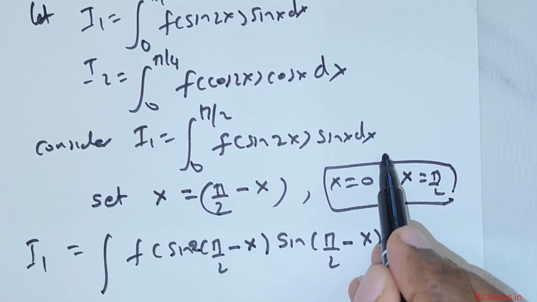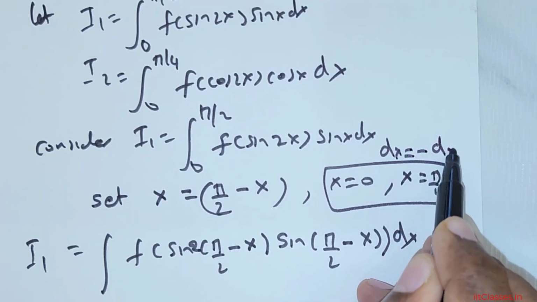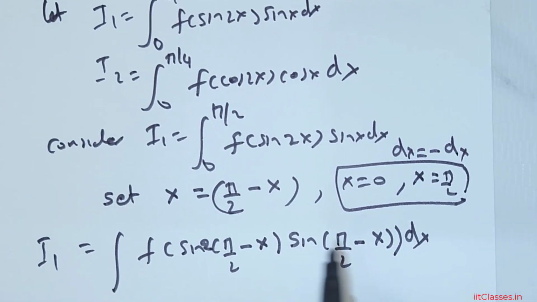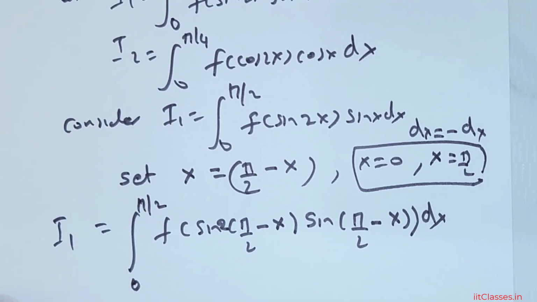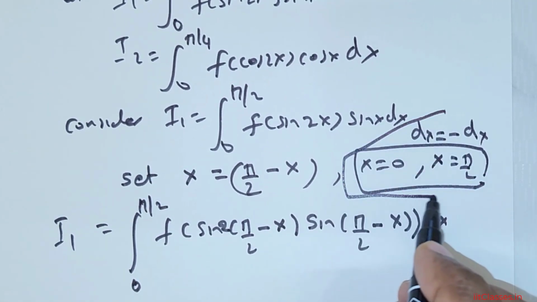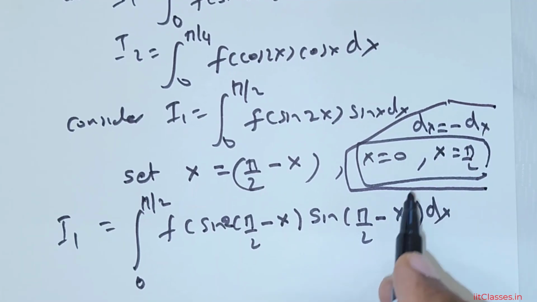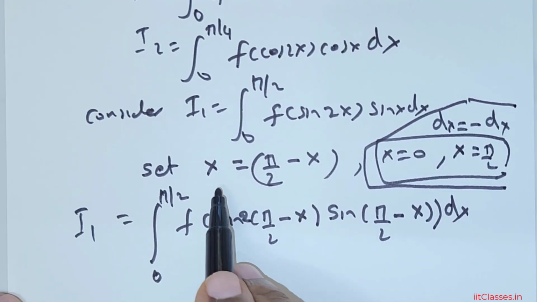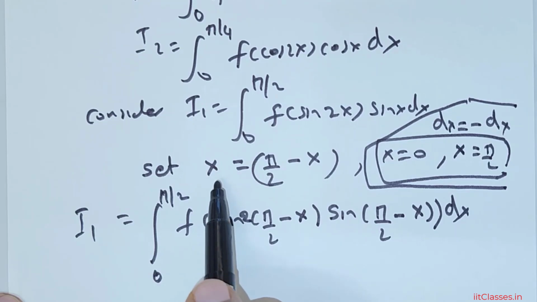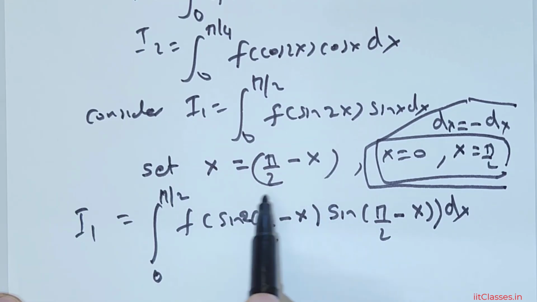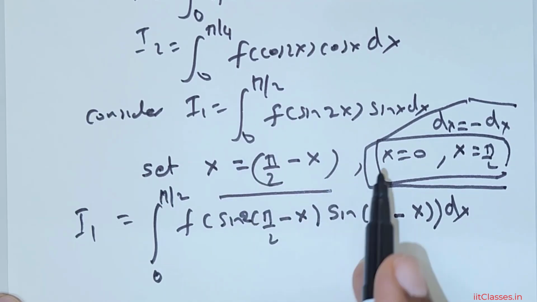But apparently this dx will have a negative sign there. So because of that, it's going to be 0 to pi over 2. This is just side information, we don't need this, but just for your understanding. The point I wish to make here is that by taking x equal to pi over 2 minus x, we are not changing the system.